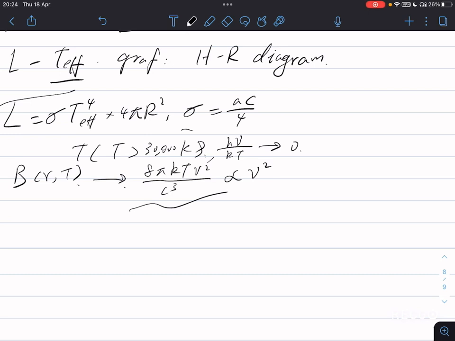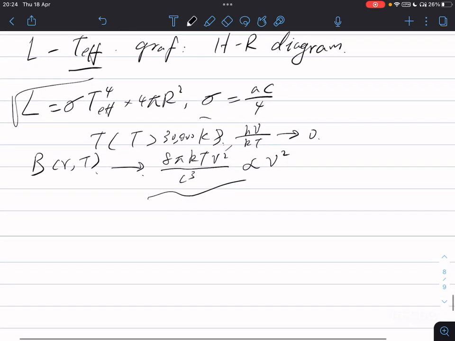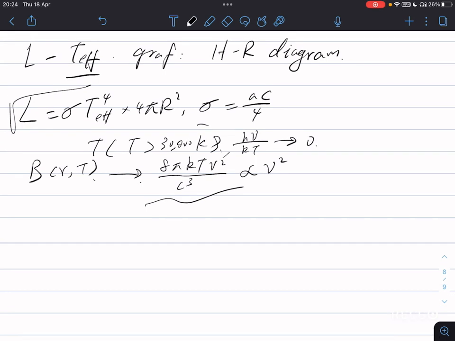So when the temperature is high, we notice that the high frequency visible light has much larger probability density than the low frequency visible light.